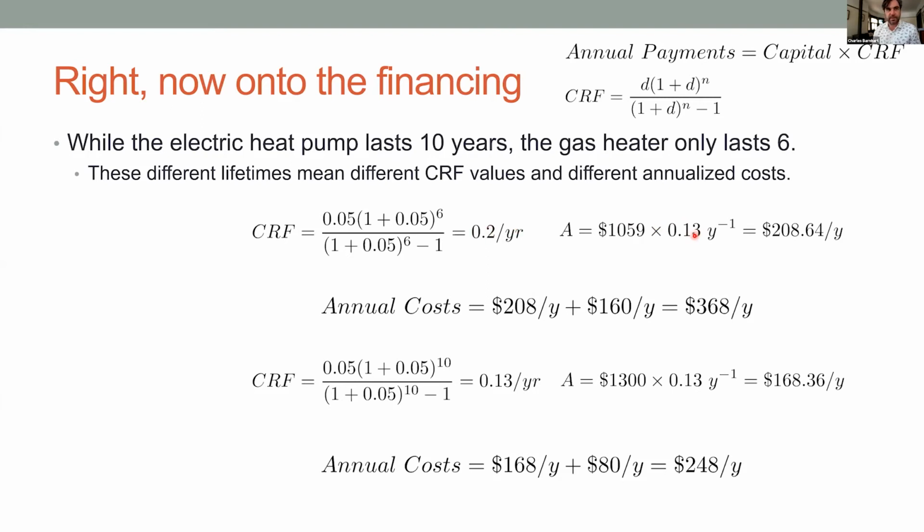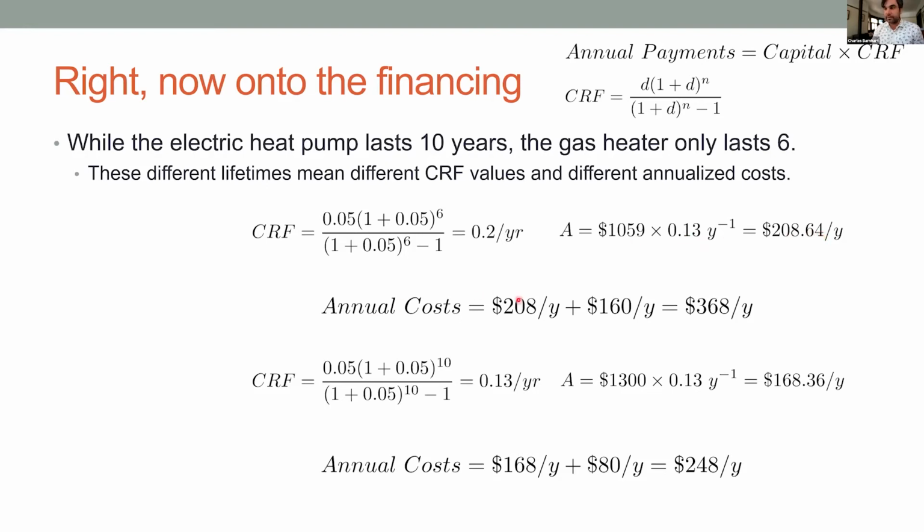Do you guys understand? Forgive me? Cool? Good. All right, so this should say 0.2, and if it did say 0.2, we'd get this result. So the answer is correct, just the setup of this equation is wrong. Okay, so this natural gas water heater annualized over 6 years costs us $208 per year.